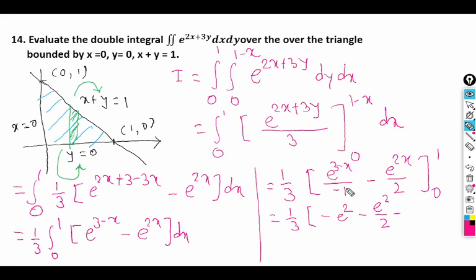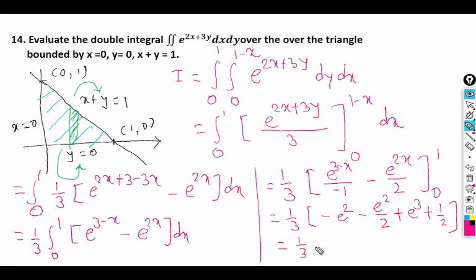Minus lower limit now. This minus minus is a plus and e raised to 3. Lower limit has a minus sign and this minus is again plus. Anything raised to 0 is 1, 1 by 2. That's 1. So these two terms are for the lower limit, so they have the minus sign. Minus minus becomes plus. So minus 1 minus half becomes minus 3 by 2.